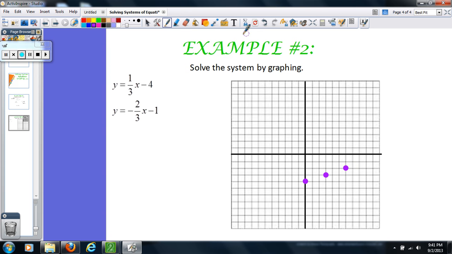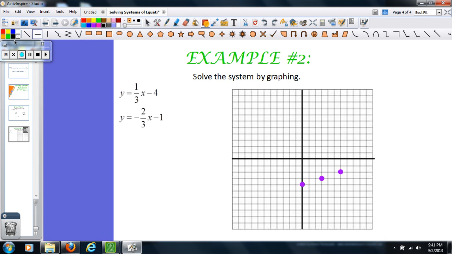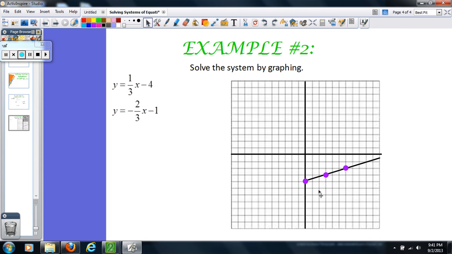So this is going to be my first equation. Okay, so here's my first equation. I'll put my arrowheads on in just a minute.